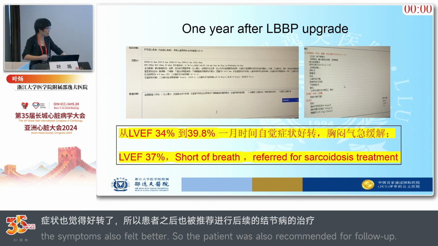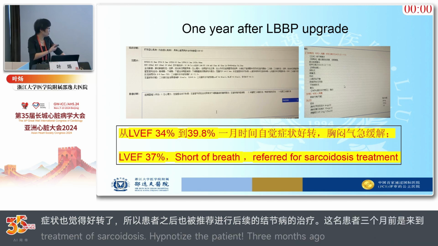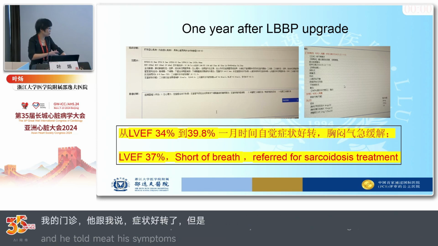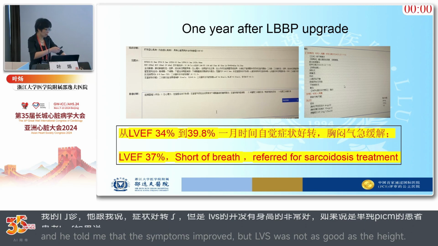She told me she felt better, but the LVEF has not elevated very well. But honestly, in our pure PICM patients, for example, the LVEF elevated in 1 month, very quickly, almost complete recovery.